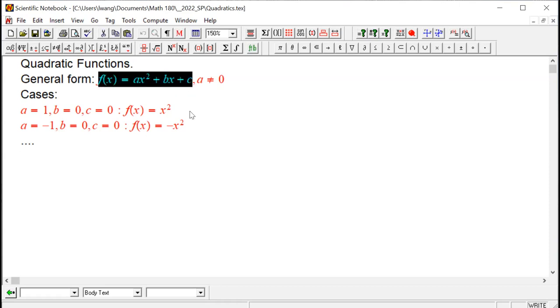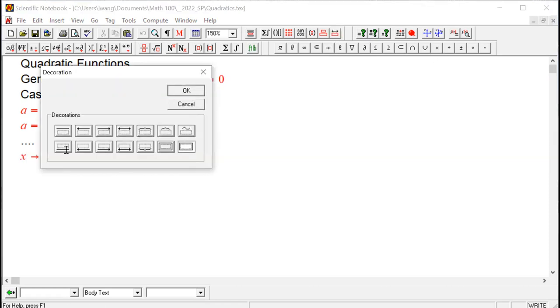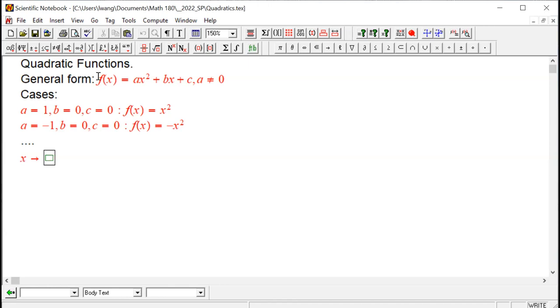Okay, this is a quadratic function. We say it is a quadratic function because it is a rule. The rule says that the input is x, and by applying the rule of the function, we get the output, which is f of x. And that f of x is just like that, provided a, b, c are parameters.